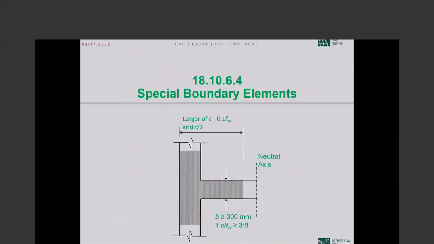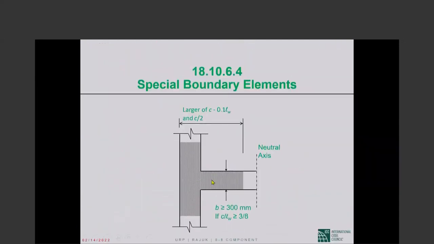And in that case, the minimum thickness requirement over the specially confined boundary zone is 12 inches. The wall cannot be any thinner than 12 inches, 300 millimeters.